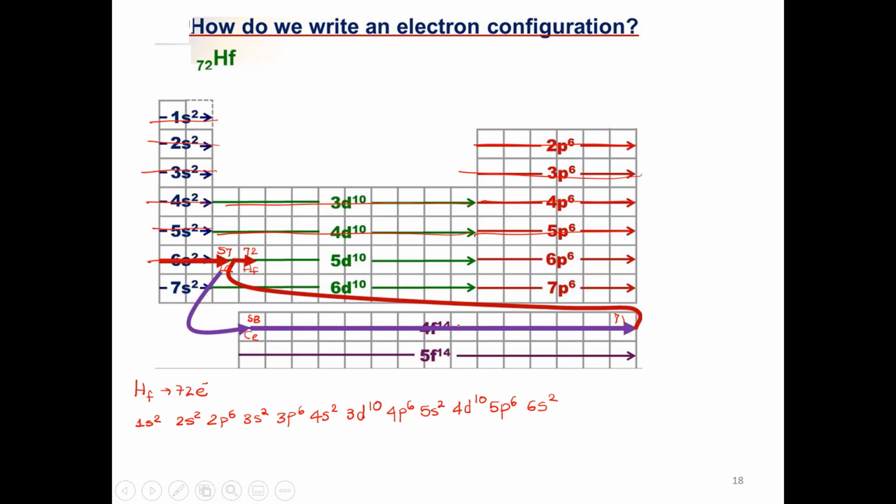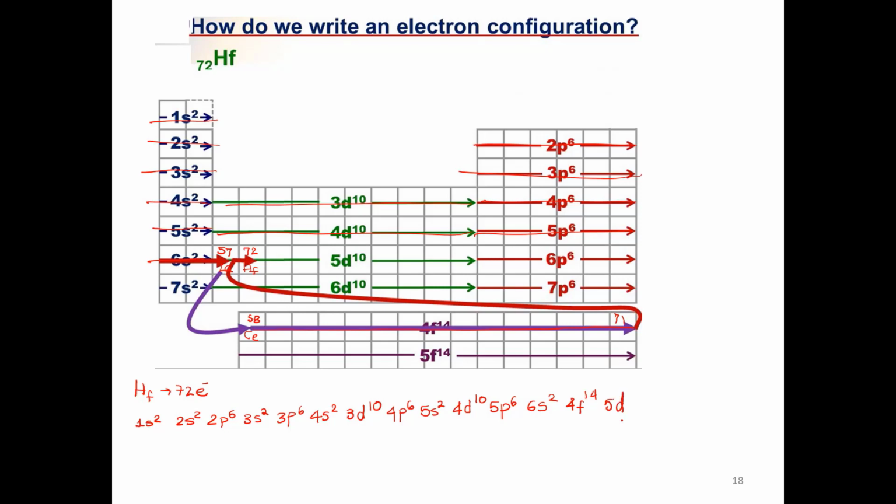Yes, we need to pass through all group F. And now we have 4f14. Now we complete this one, we move through all this, and now we need to come back to the group D. Now group D in this case will be 5d.